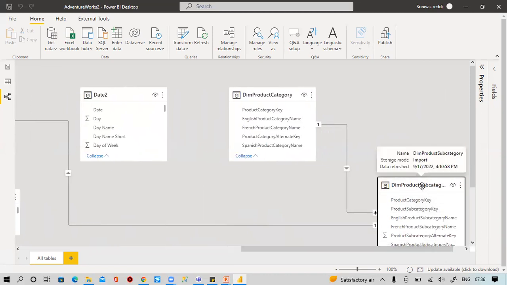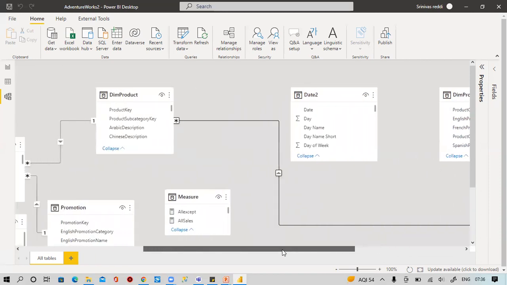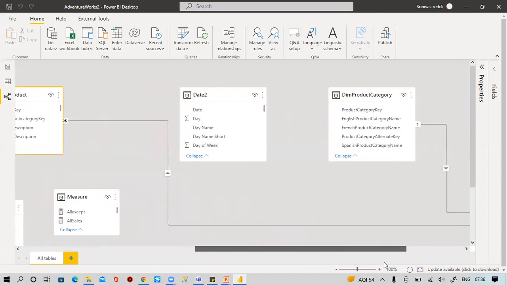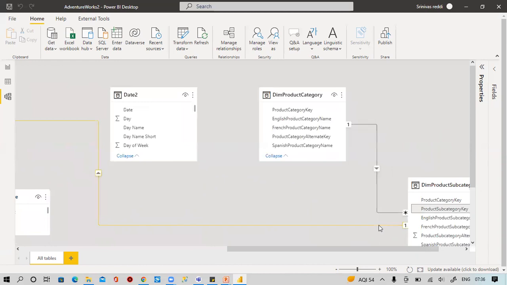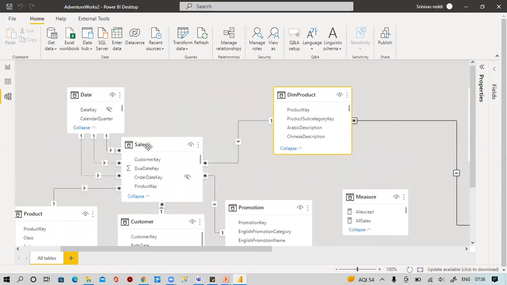See, this category table is not related to the sales table, right? The sales table has a relationship with the product table. The product table has a relationship with the subcategory table, but the subcategory table is not directly related to the sales table.